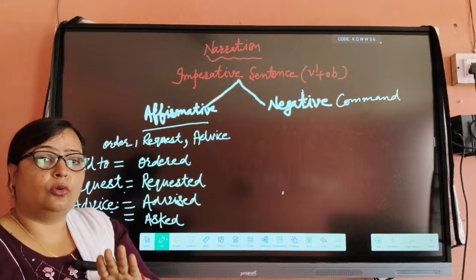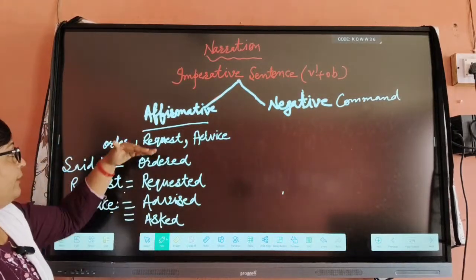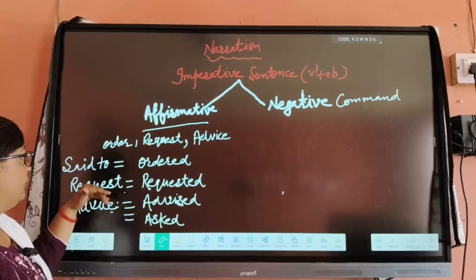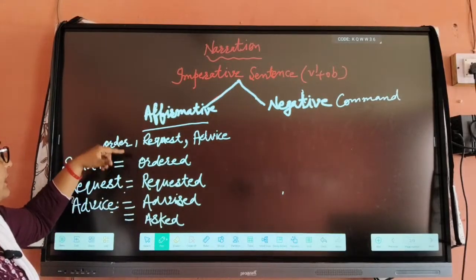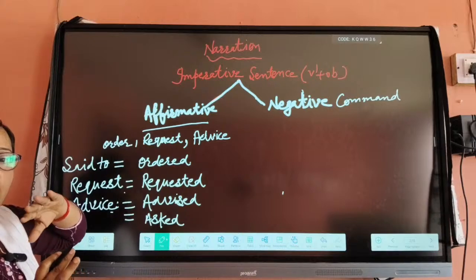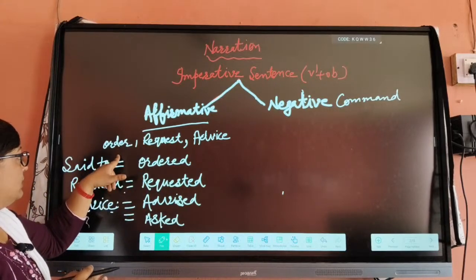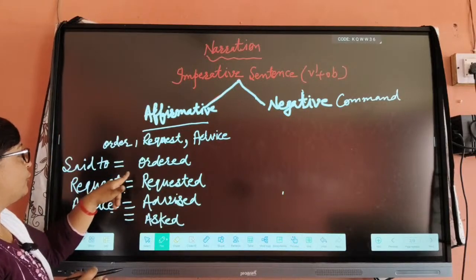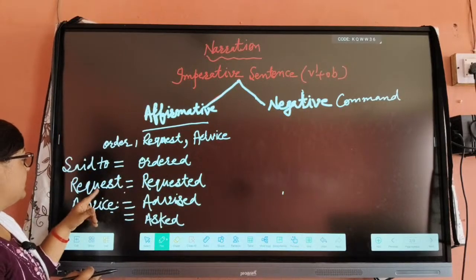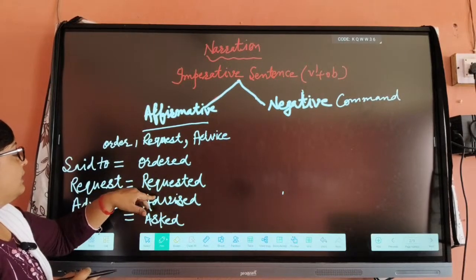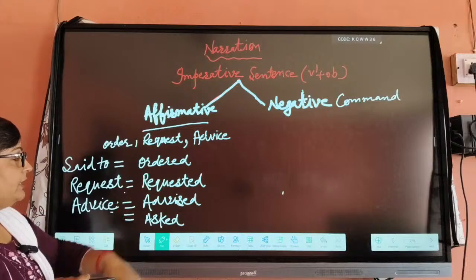Then when we change our said to, we have to see the sense of the sentence. If our reported speech is giving the sense of order, then we will change our said to into ordered. If it is giving the sense of request, then we will change said to into requested.